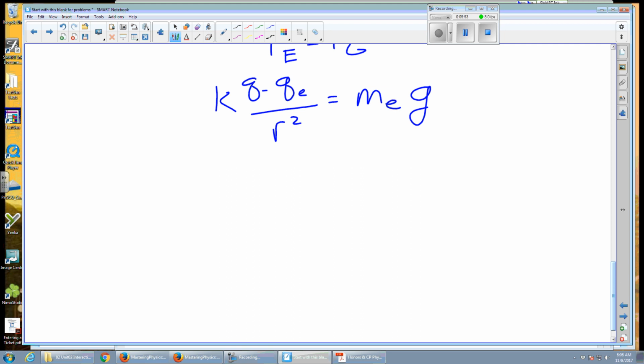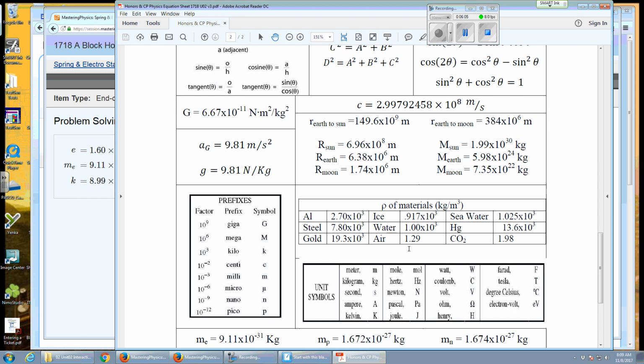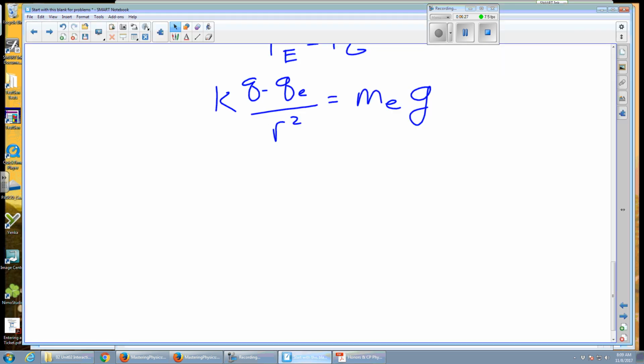Yeah, so now I just substitute in and solve for R. Because I know K from my equation sheet here. I have the value of little g on the Earth. I have K right down here. I've got the mass of an electron right here. I've got the charge on an electron, which I know is 1 quanta, which is right here. So now it's filling in values. Let's see.